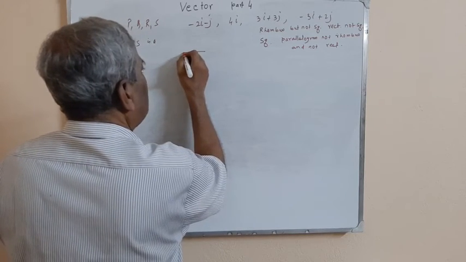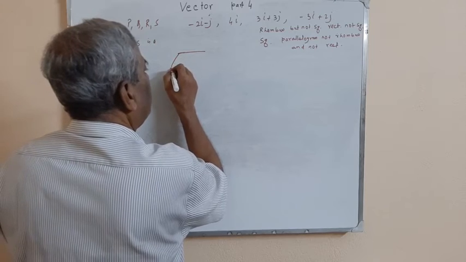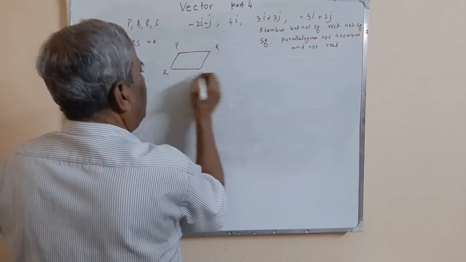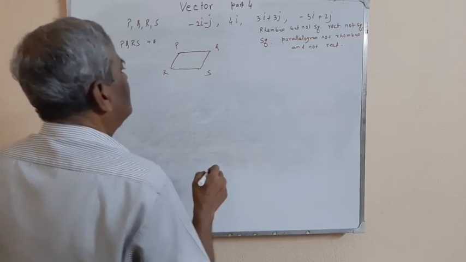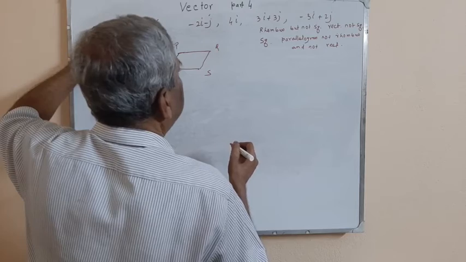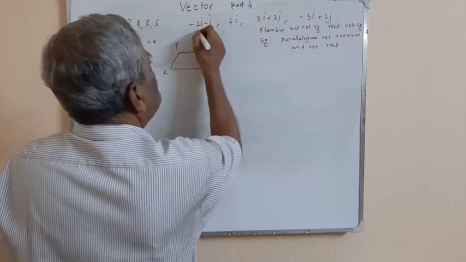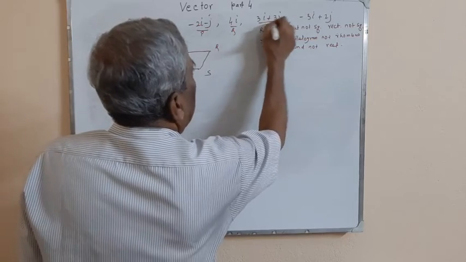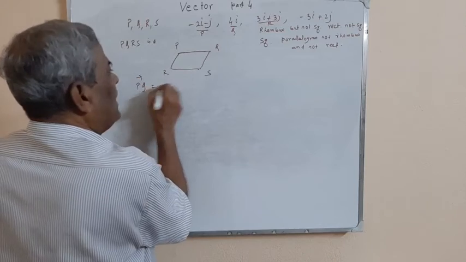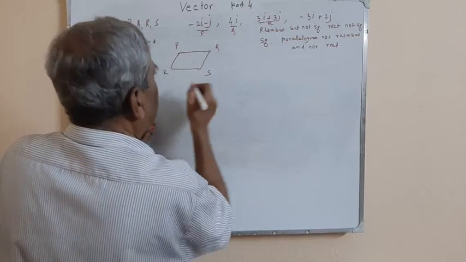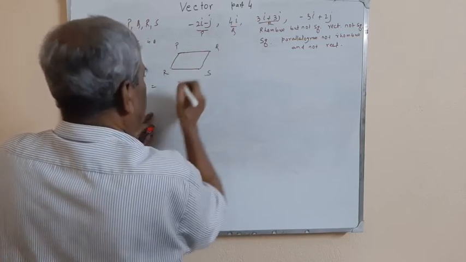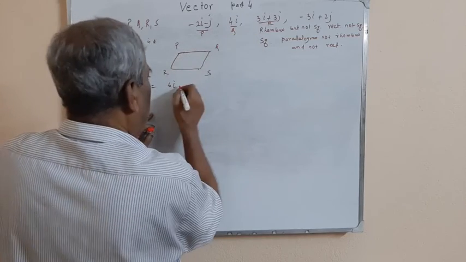Suppose this is the figure PQRS. This is P, Q, R, this is S. So PQ vector is position vector of Q minus position vector of P, that is 6i minus j.